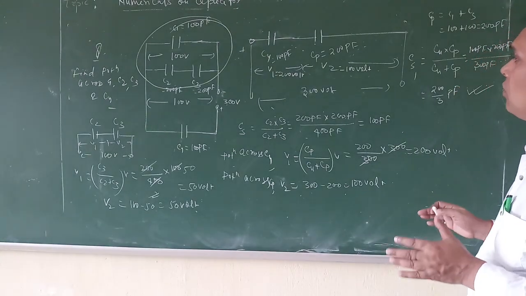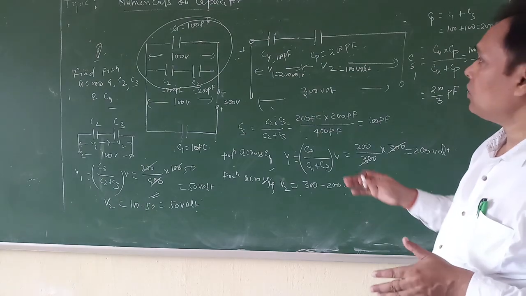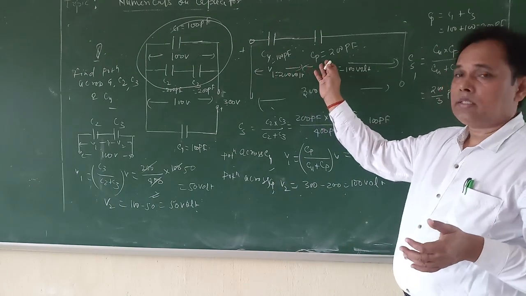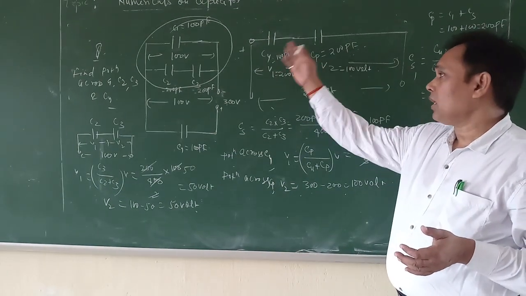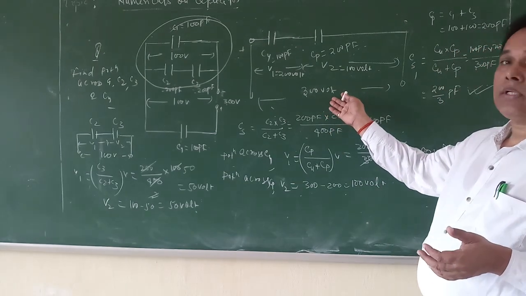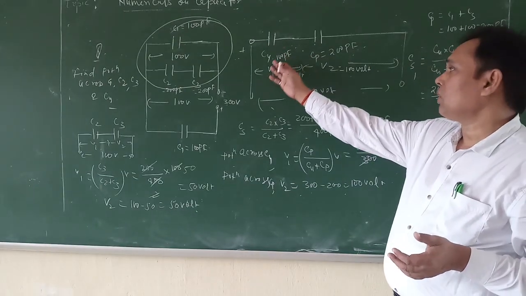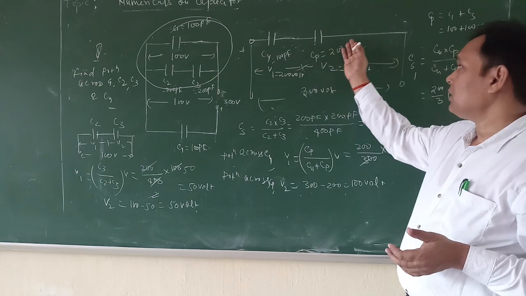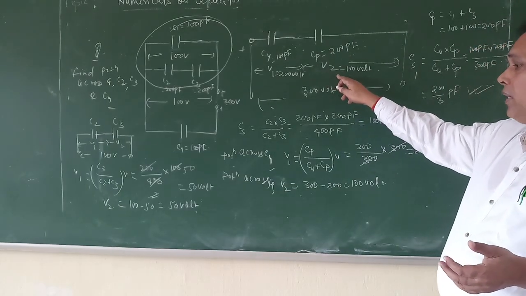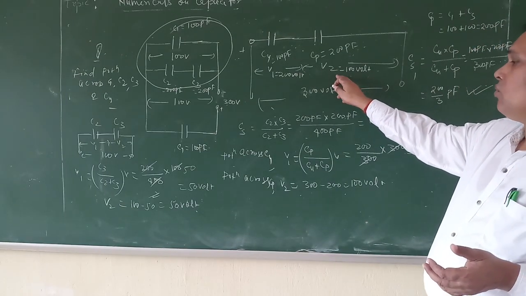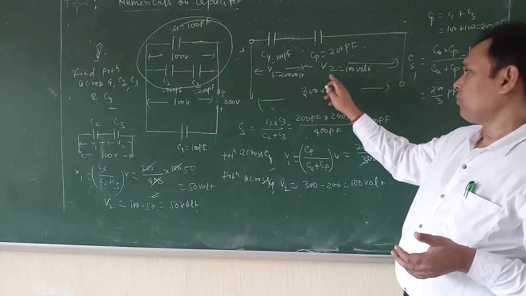Now you have to find the potential across C4 and CP. These two are connected with a 300 volt potential. So let the potential across C4 be V1 and the potential across CP be V2. First you find out V1.